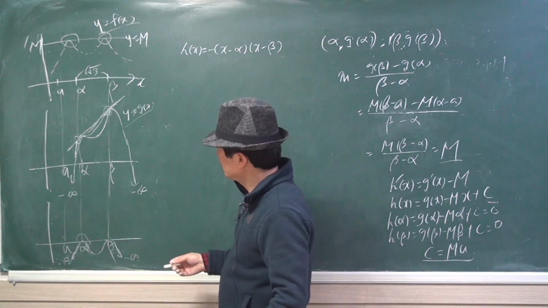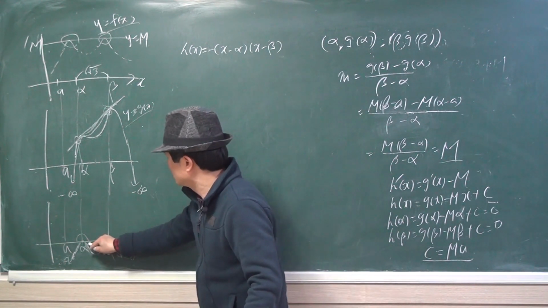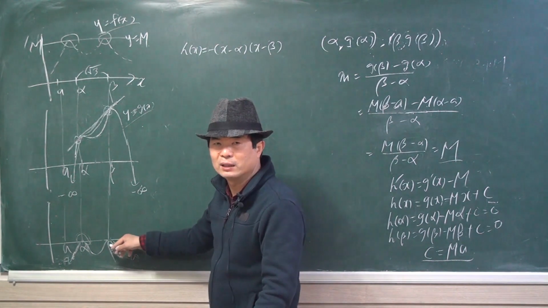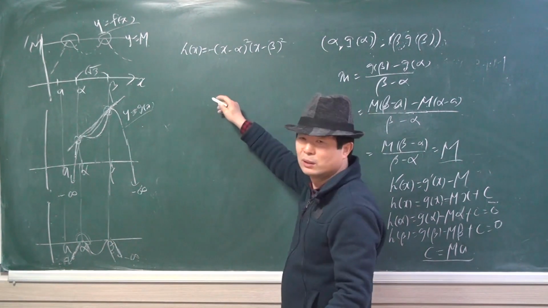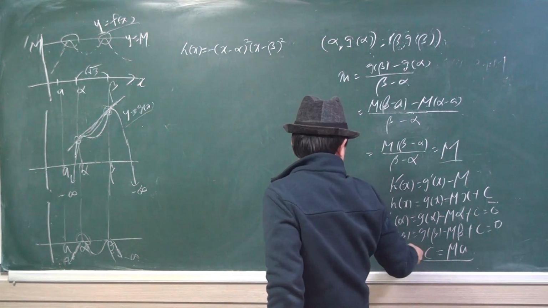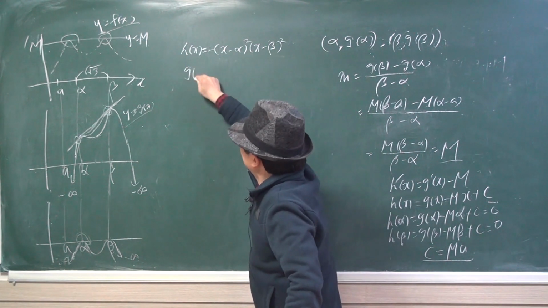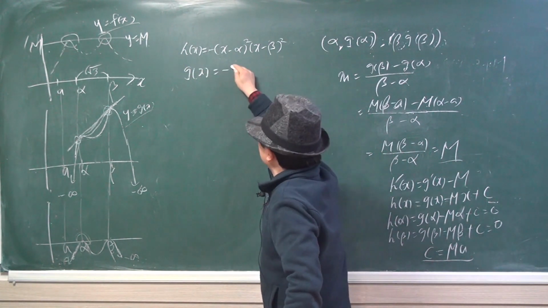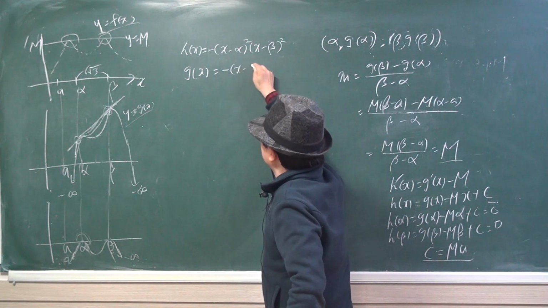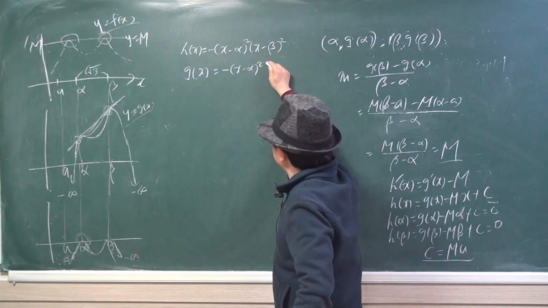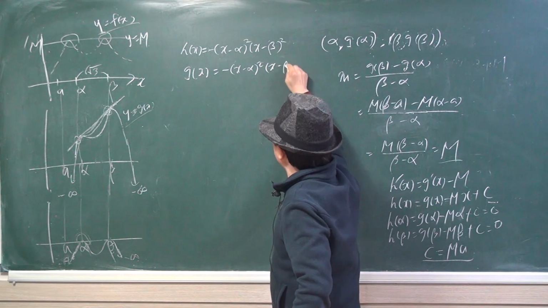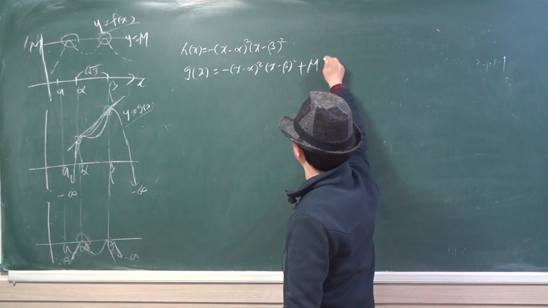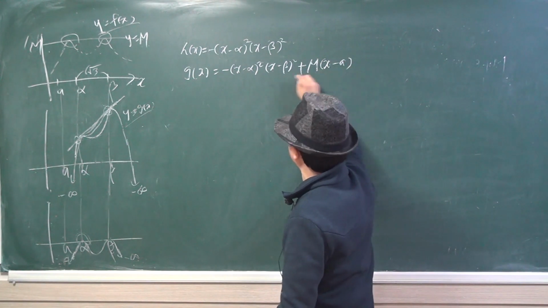Additionally, it is tangent to the x-axis at x equals alpha and beta. So from this we can write down what g(x) is. g(x) equals minus (x minus alpha) squared times (x minus beta) squared plus m(x minus a).